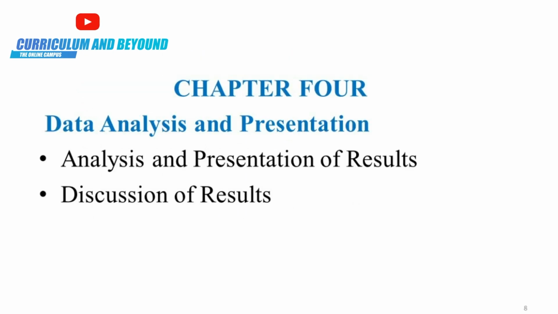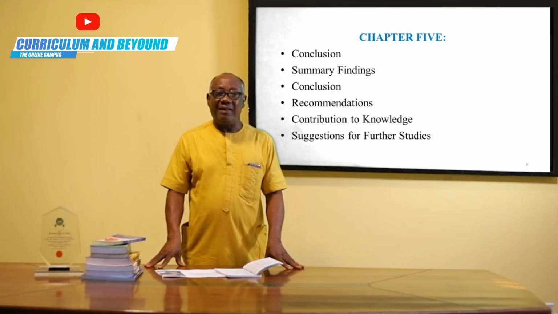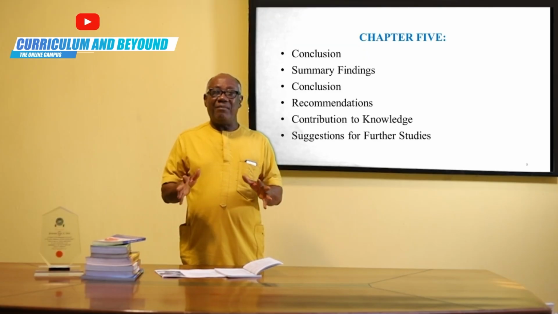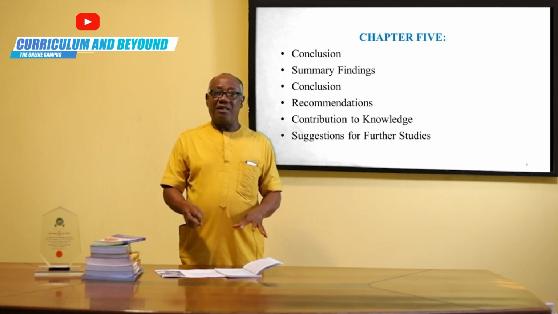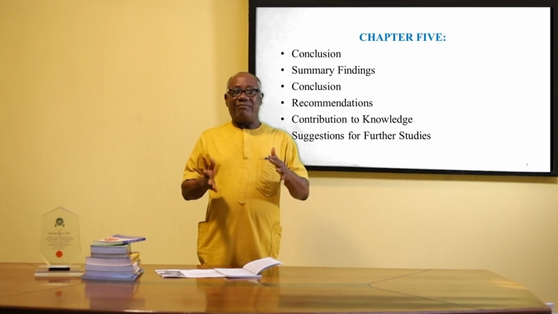Chapter 4 is data collection and analysis, while chapter 5 deals with writing the research report, discussion of results, recommendation, conclusion, and suggestions for further studies. These are the various dimensions in the research process. Now let's take them chapter by chapter.